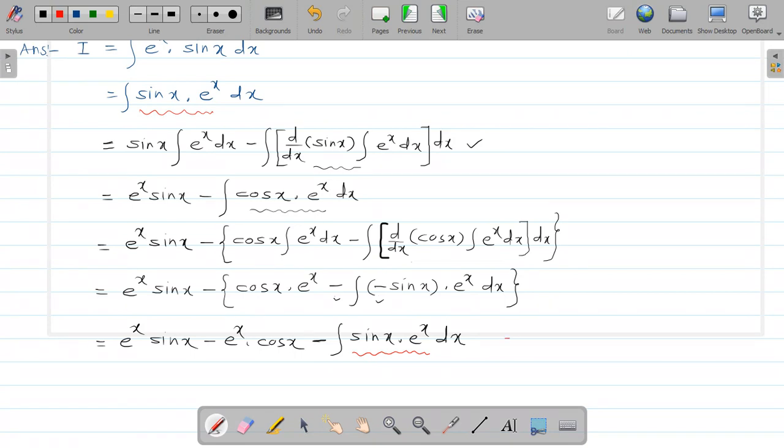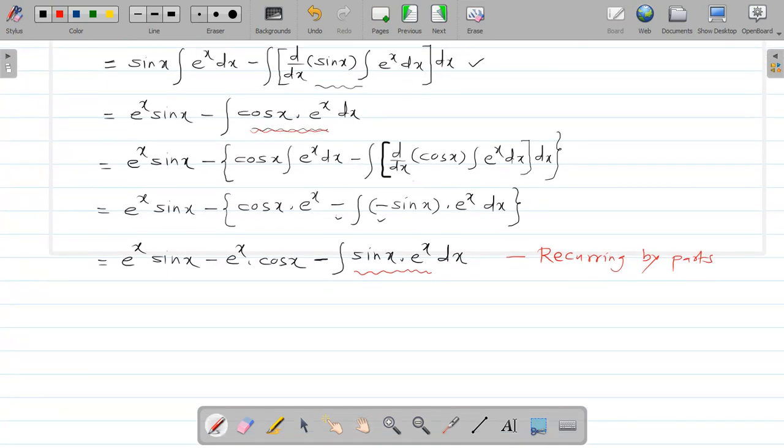That's why this is called recurring. After integrating the original function we get the integration of cos x into e raised to x dx, and after solving it again we get the same integration that we started with. That's why it is called recurring by parts. So this is type number 3.